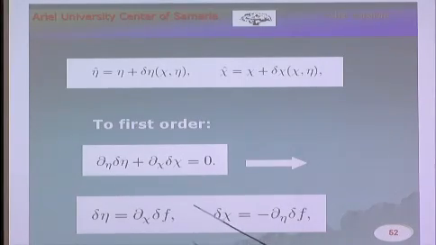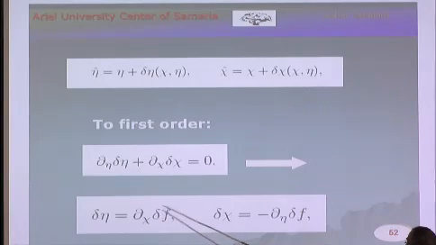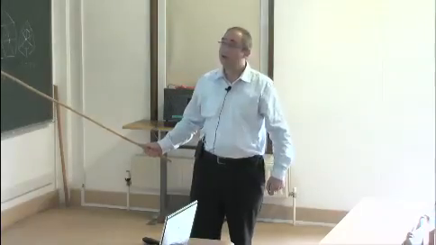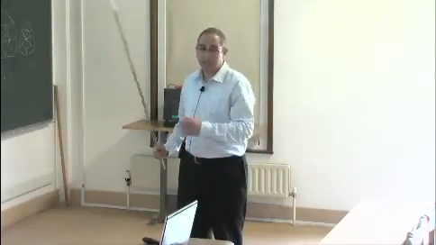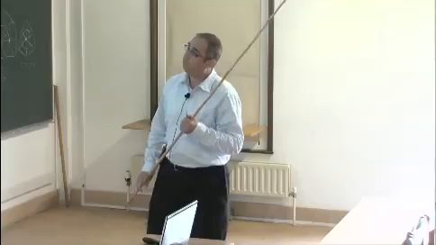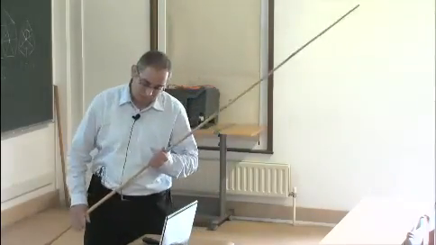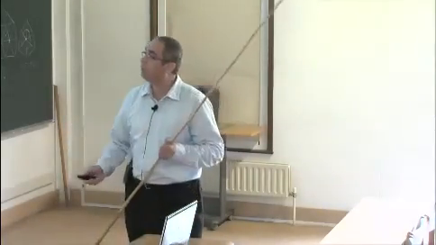And this can be solved easily for any transformation delta f, such that delta eta is the partial derivative of delta f with respect to chi, and delta chi is minus the partial derivative of delta f with respect to eta. Okay, this is the general solution.